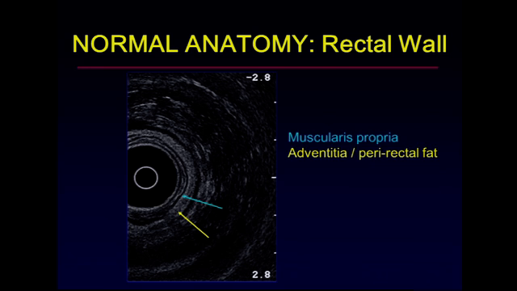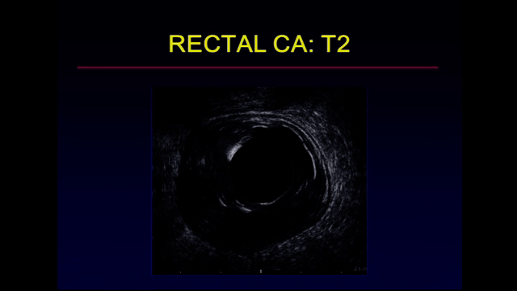So here is an example of a very large rectal cancer. This is the probe here, and you can see all of this hypoechoic mass from about the 12 o'clock going to the right and posteriorly to the 3 o'clock position is all tumor. You can see a little bit of the rectal wall signature from anteriorly and to the left here from the 1 o'clock to the 3 o'clock position.